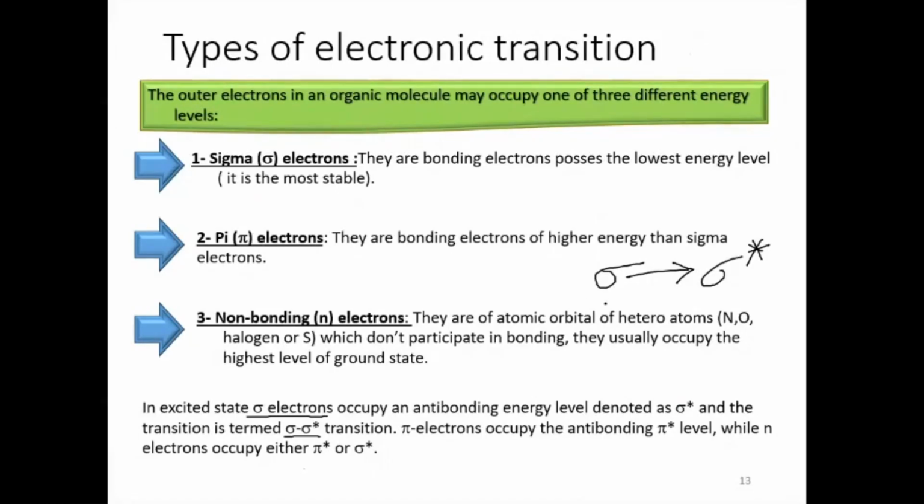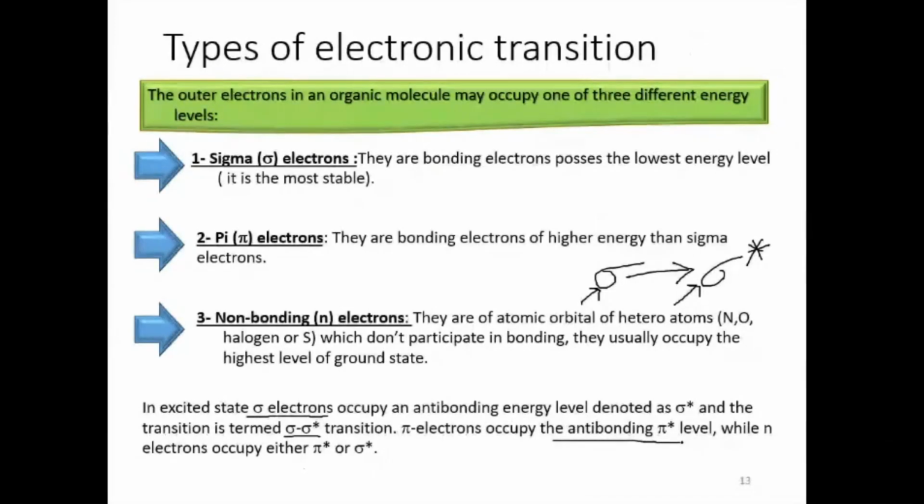When an electron from a sigma molecular orbital acquires energy and goes to a higher energy level, sigma star, it is denoted by sigma to sigma star in this manner. You draw a sigma letter, then draw one arrow, then draw sigma and write an asterisk. So it is sigma to sigma star. Similarly, for pi bonding, you have pi star.